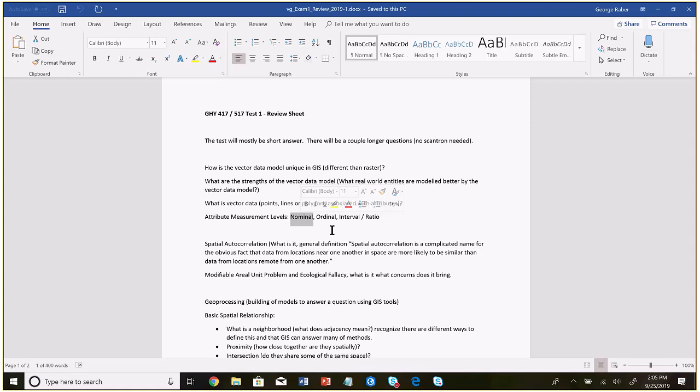A quantity that is interval is elevation. There's no such thing as a lack of elevation. Zero elevation doesn't mean you don't have any elevation. But "I've eaten no food today," or "I've eaten 2 kilograms of food today," those are ratio numbers because zero means something.